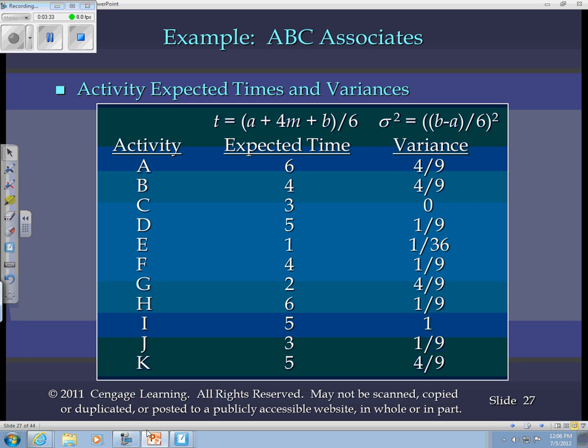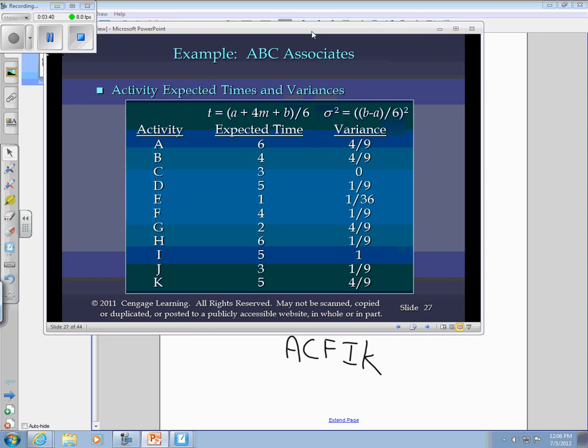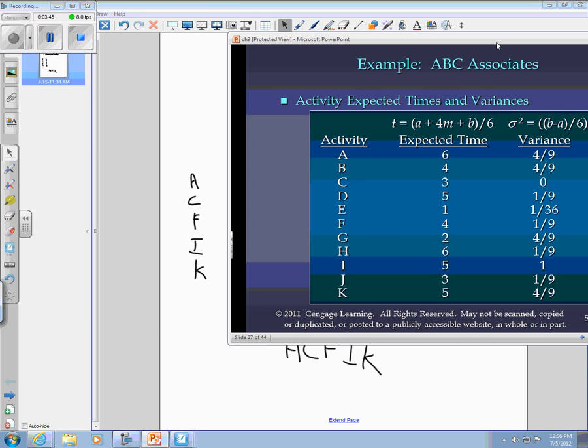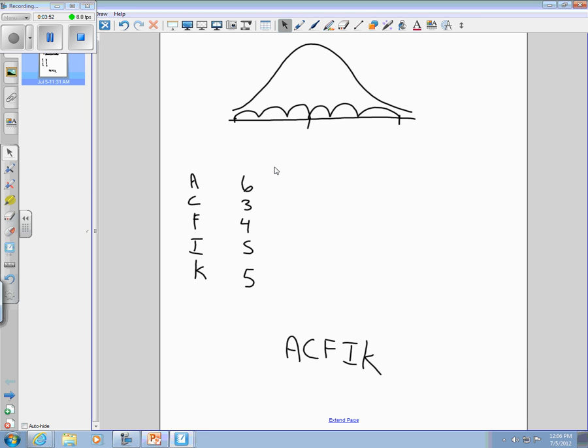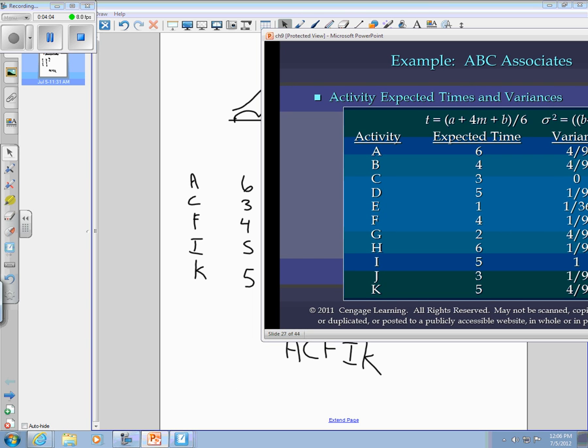And let's record the variances. I may need to shrink this here. See if it'll let me write on here. Nope. The variance for A is 4/9, C is 0. Let's see, F, I, K. F, the variance is 1/9.